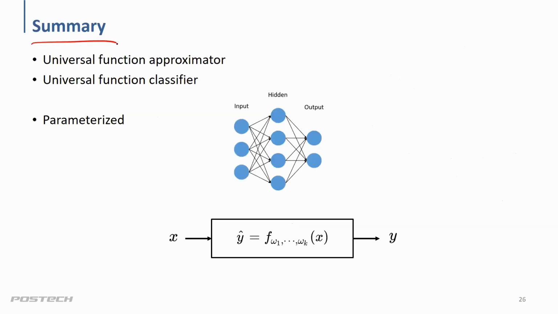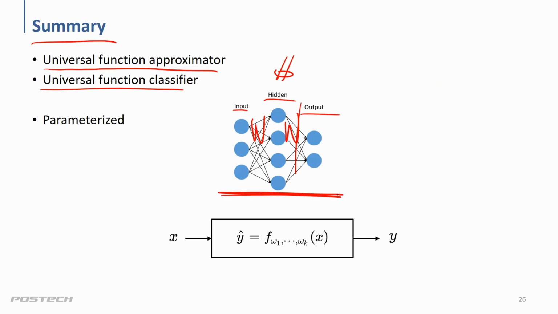So in summary, you can think of a multi-layer perceptron or artificial neural net as a universal function approximator or universal function classifier. These are the general structures. We have inputs, hidden layers and the outputs. We can add more hidden layers in between. And these are the omegas, with various special structures, and it's parameterized.